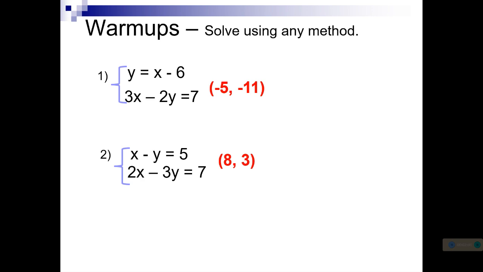Next, for the third one, we have the system 4x plus 5y equals 12 and 4x plus 3y equals 4. What method do you think is more applicable? Yes, that is the elimination method. You are going to multiply either equation 1 or equation 2 by negative 1, since we already have positive 4 as the coefficient of x.